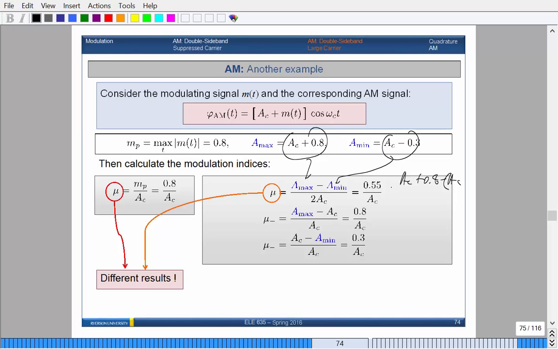That doesn't make any sense. Okay, so actually that's a typo. Okay, so we have A_c plus 0.8, subtract A_c minus 0.3. Okay, these A_c's cancel, and you should actually get 1.1. Okay, 1.1. I don't know why it's 0.55 there.